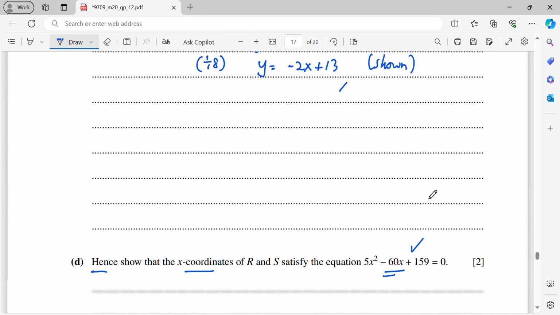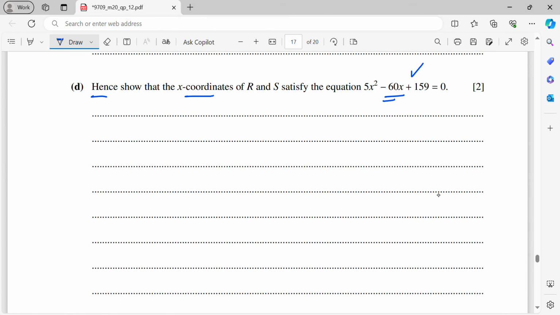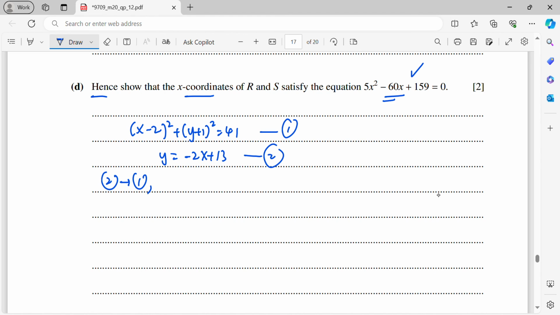So it means that now (x - 2)², I will use the C1 to calculate. Let's say this is my first equation. Then y equals -2x + 13 as my second equation. Now I substitute second into first to get my quadratic equation here.